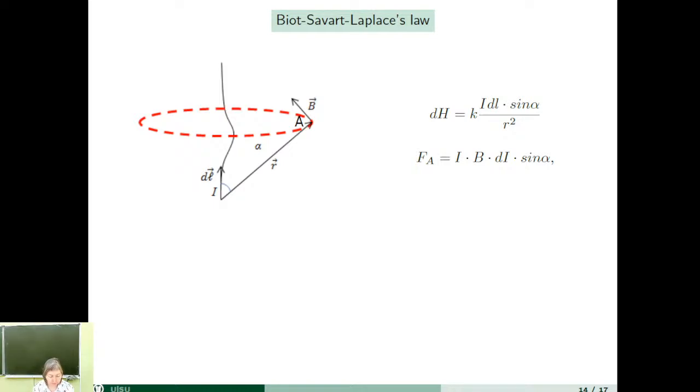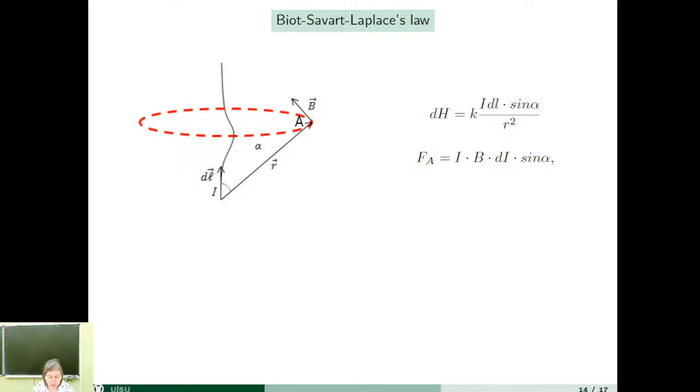Look at this picture of the dl. This dl is a vector. The product I dl is a current element. And look at this, you can see the current element I dl.